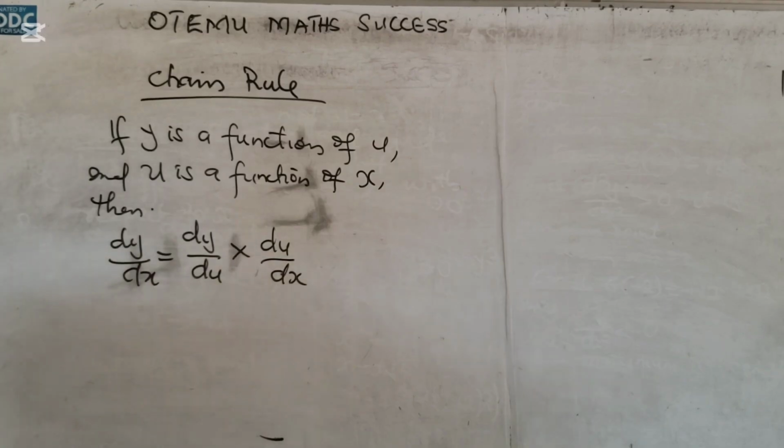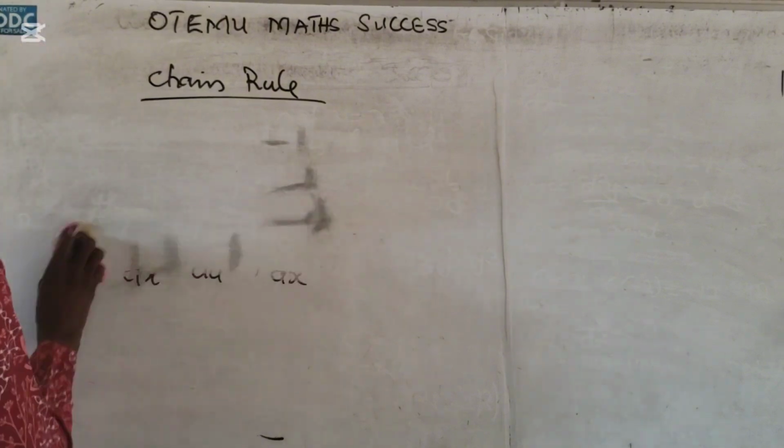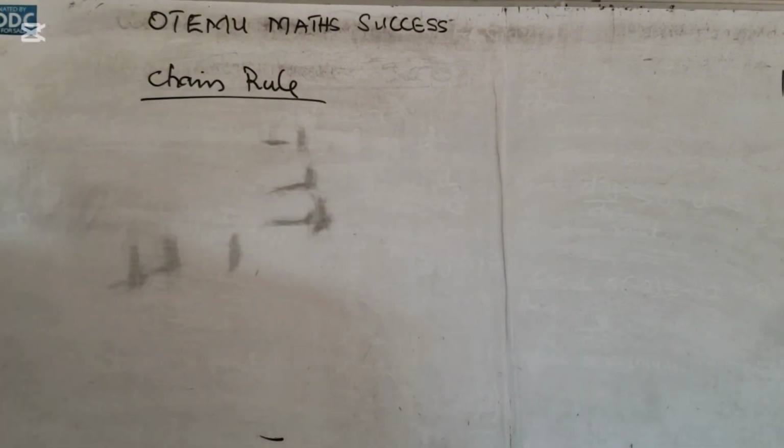You can say dy/du dot du/dx. Dot is also times. So let us solve some problems as regards this.